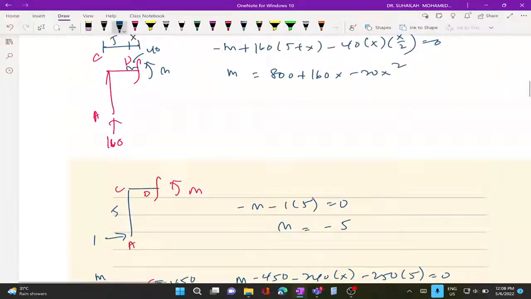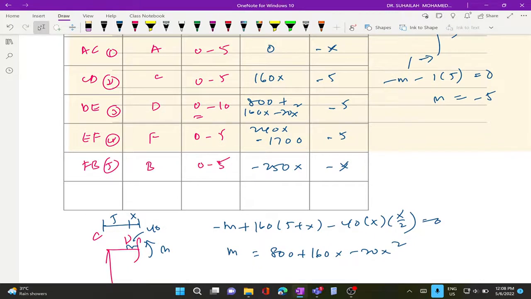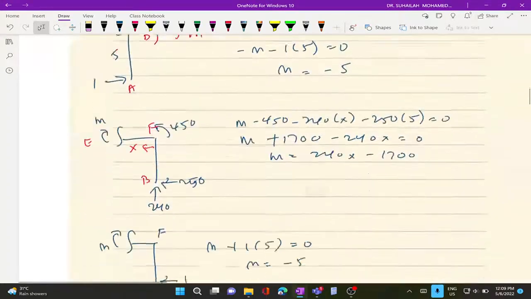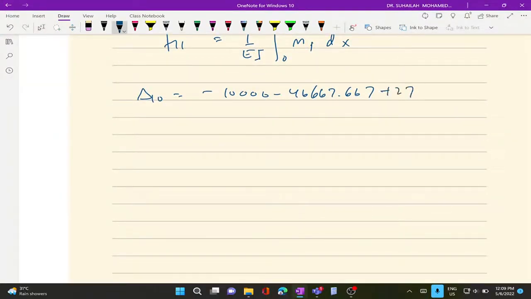And 240x minus 1700 times negative 5, from 0 to 5, gives 27,500.